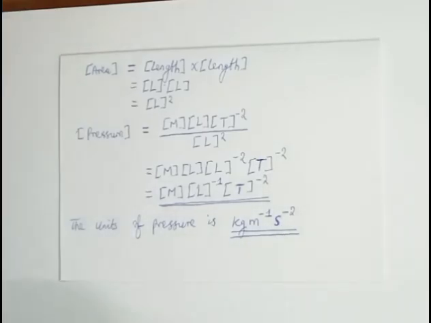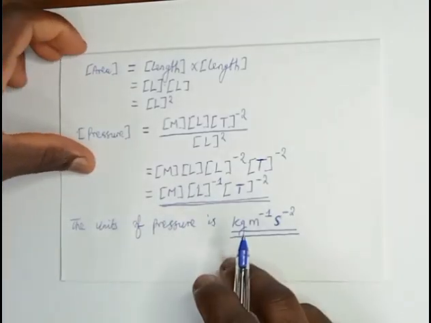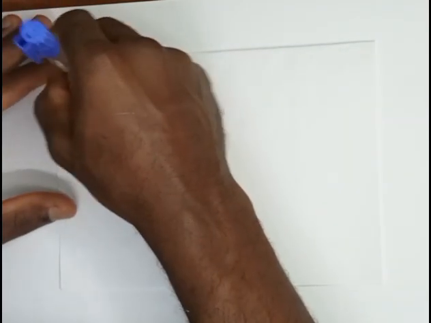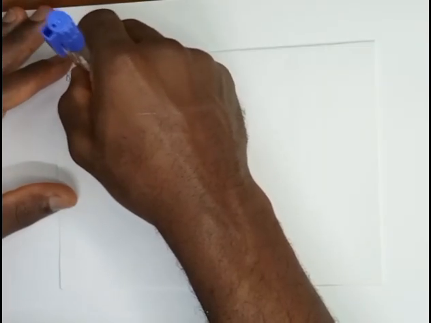We move now to the next one, which is B. For B, we have energy. Okay, let's assume it is kinetic energy. Kinetic energy is simply a half mv squared.